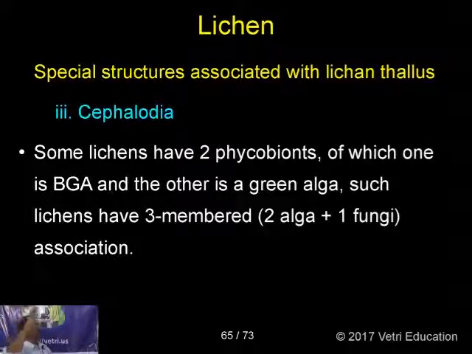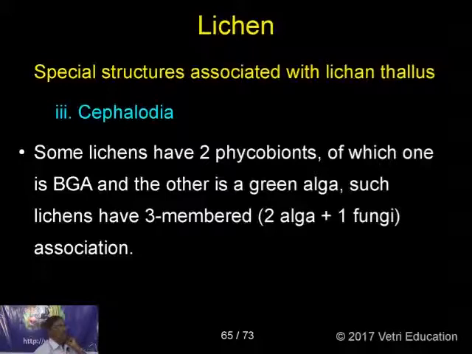The next special structure is cephalodia. Here some lichens have two phycobionts. This is very interesting to note. Generally each lichen has one algal component and one fungal component, but here there are two algal components, of which one is a blue-green alga and the other is a green alga. Such lichens have a three-membered association, two algae and one fungus.